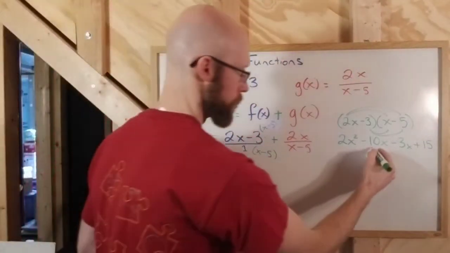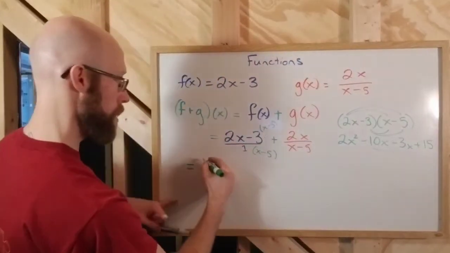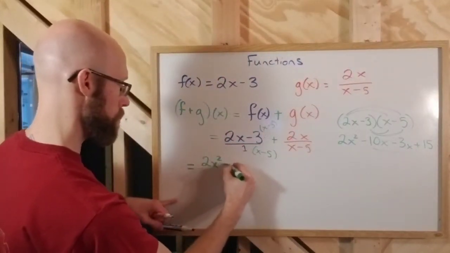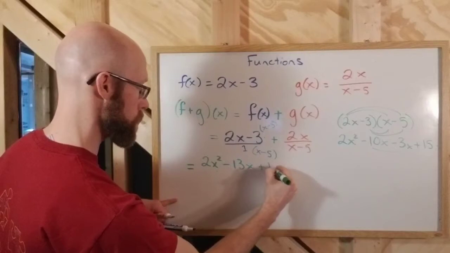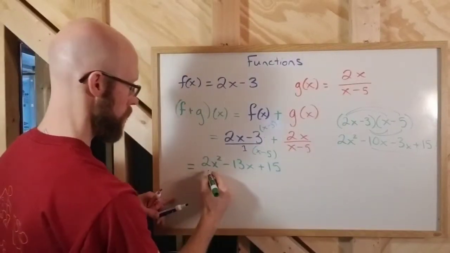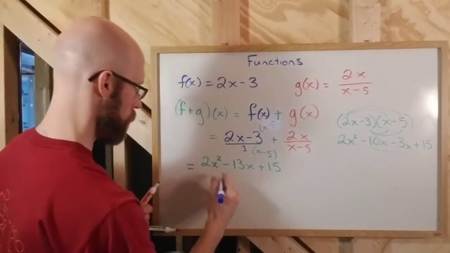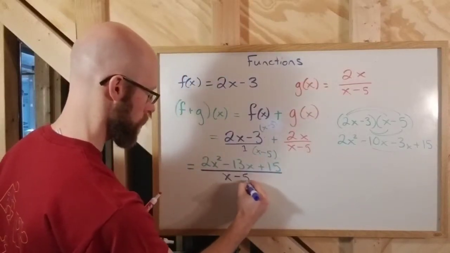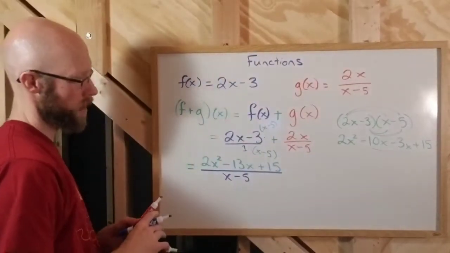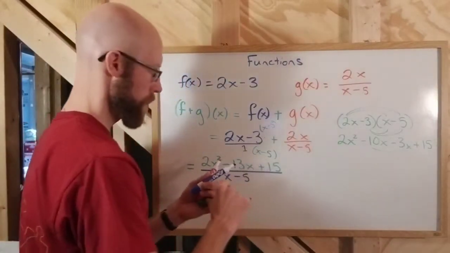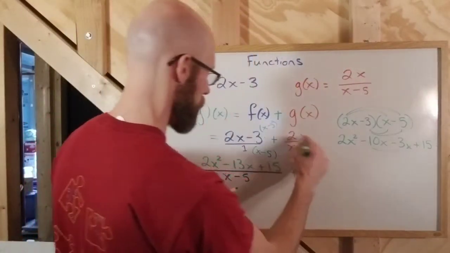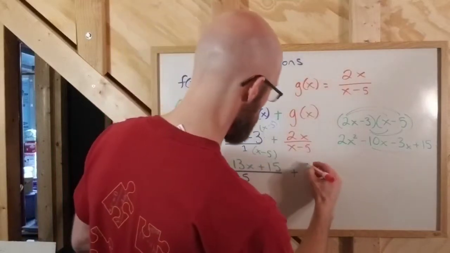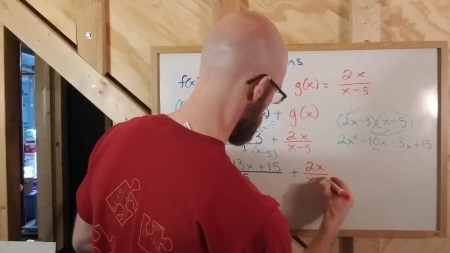I could combine the two terms in the middle, and that would give me 2x squared minus 13x plus 15, all over x minus 5. Then the other side there is going to still be 2x over x minus 5.